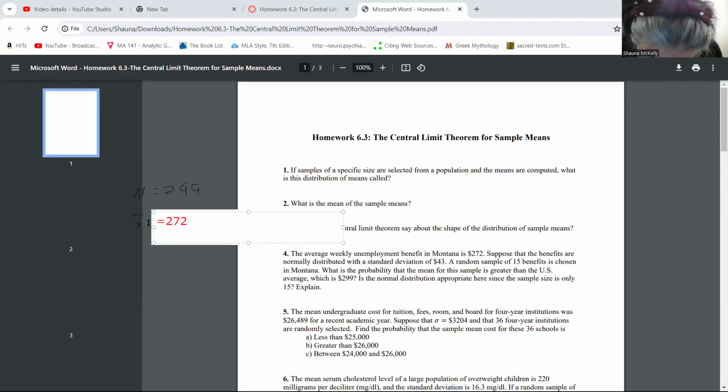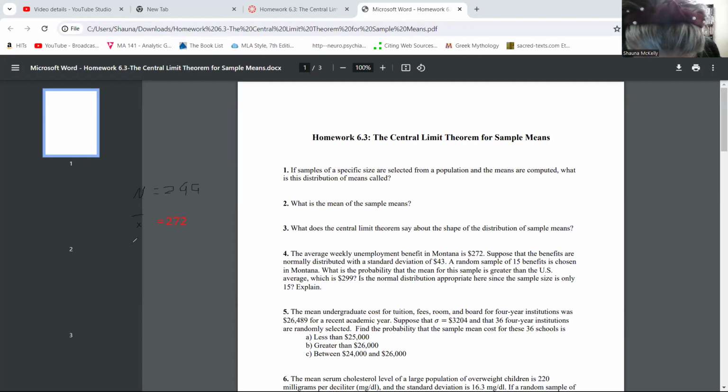We also know that we're going to have sigma, and your sigma here is 43.